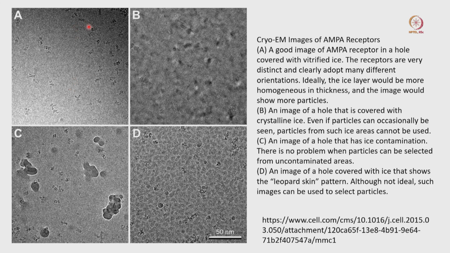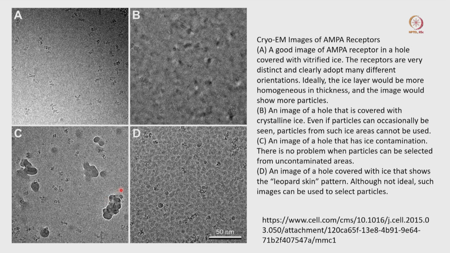In one of these, you can see black patches and then some protein molecules. Now in this particular square, you can see some black contamination. These are individual protein molecules that we are interested in selecting.